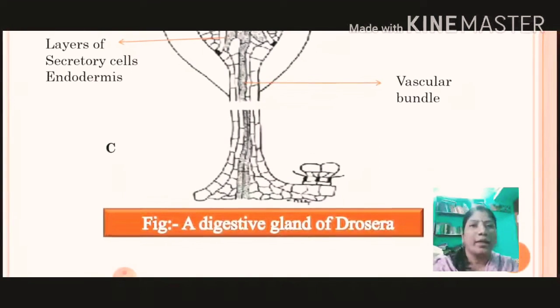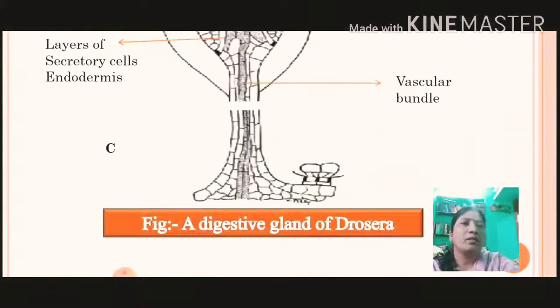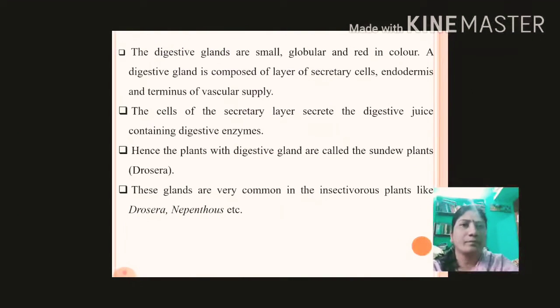The diagram shows a digestive gland of Drosera. The digestive glands are small, globular, and red in color. A digestive gland is composed of a layer of secretory cells, epidermis, endodermis, and vascular supply.